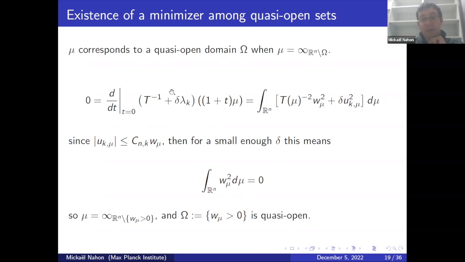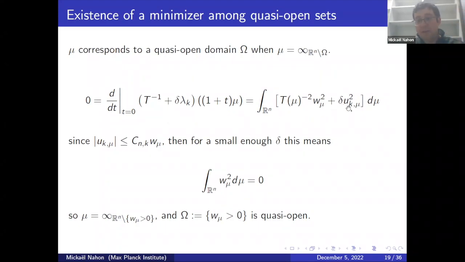And when you differentiate this, you expect to find 0 when mu is a minimizer, but you find this quantity here: a constant times the torsion function square plus delta, the small parameter delta, times the eigenfunction square. And then we know that there is a universal estimate that says that the eigenfunction is always bounded by the torsion function, so the ratio of the two is always bounded by a universal constant.